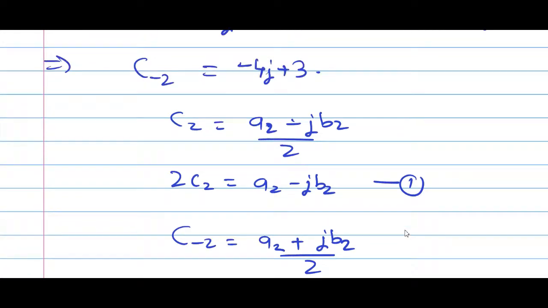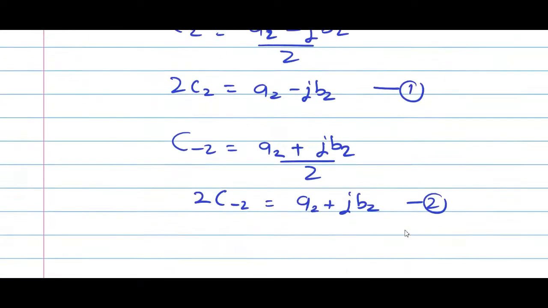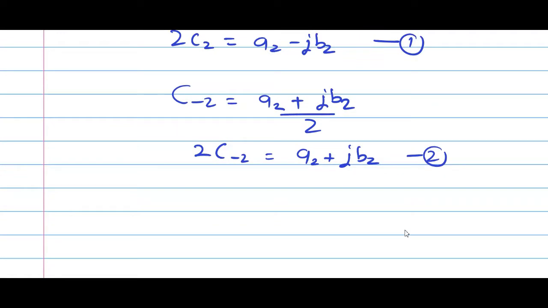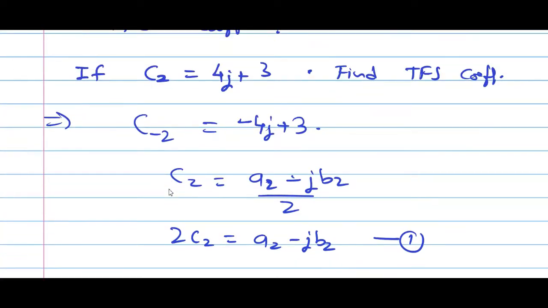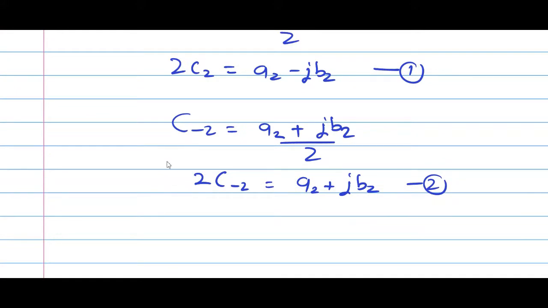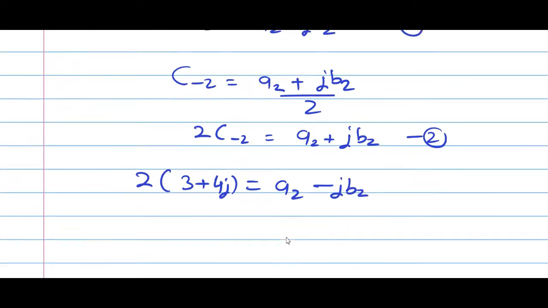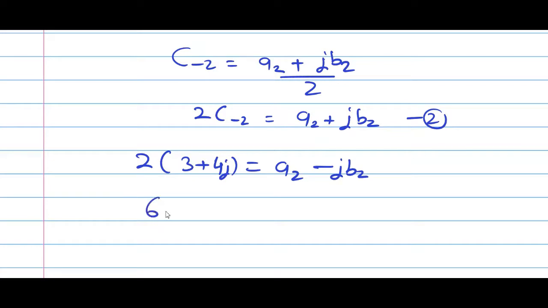Solve these equations. First you put the values of C2 and C minus 2. Solve these equations. We will get A2 and minus JB2. What is your C2? C2 given in the question is 3 plus 4j. So substitute in equation 1. So it becomes 2 times 3 plus 4j equal to A2 minus JB2. So that is nothing but 6 plus 8j equal to A2 minus JB2.